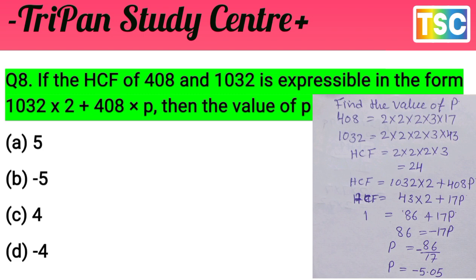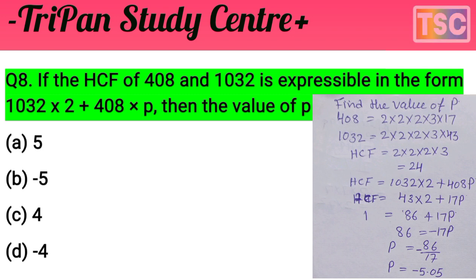The HCF is 2 into 2 into 2 into 3, which is equal to 24. It means 24, that's important. Apply it for this question easily. 24 is equal to 1032 into 2 plus 408p.